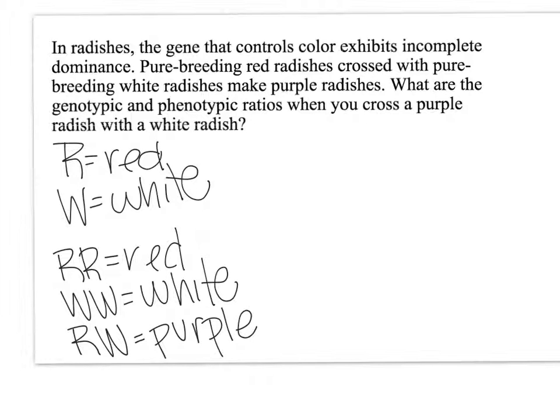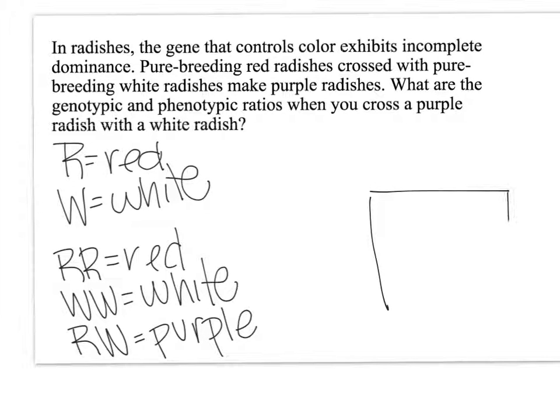So if I look here, it says, what are the genotypic and phenotypic ratios when you cross a purple with a white? So a purple radish would be RW, and a white is going to be WW.